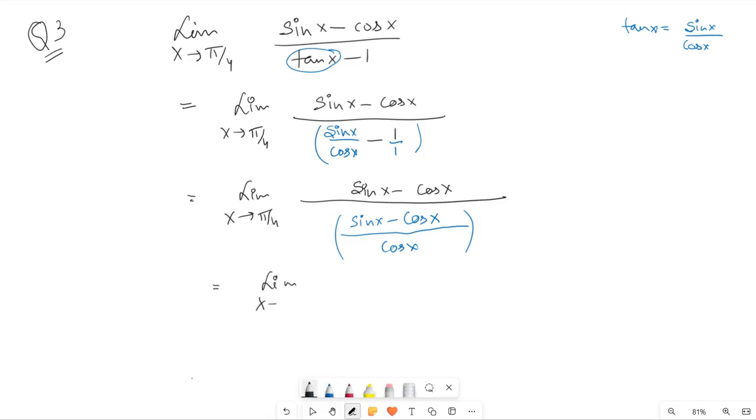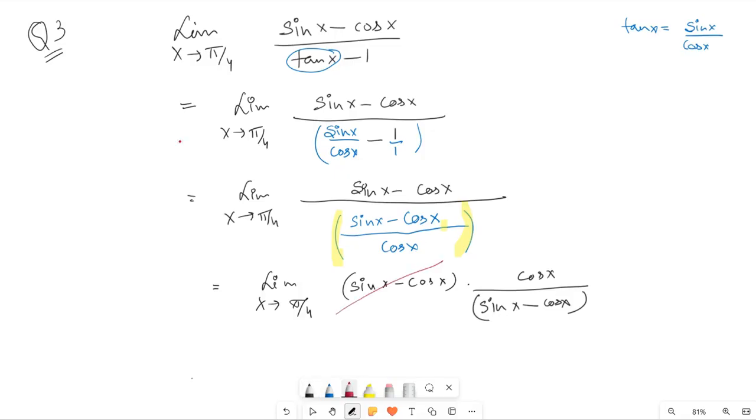Limit x is approaching pi by 4. I'm dividing by this fraction. When you divide by a fraction, what happens is the fraction actually flips. So I have this sine x minus cosine x in the numerator, but this cosine x by sine x minus cosine x really flips.